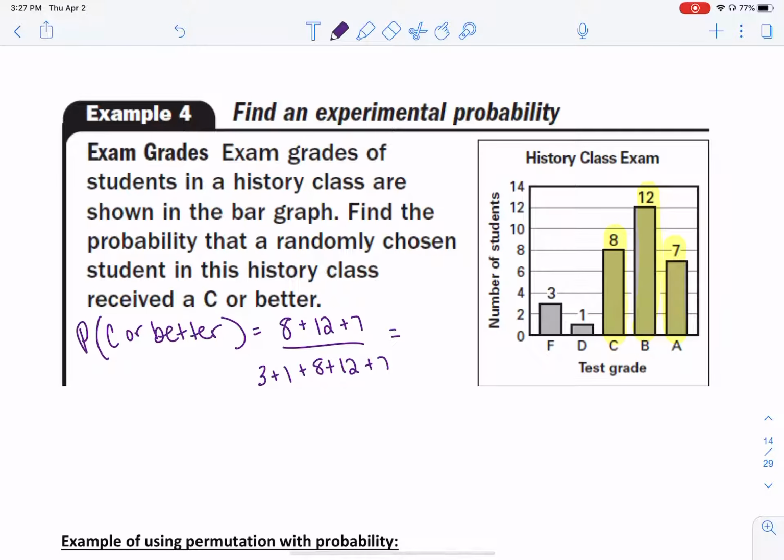So that gives me 27 out of 31 students, if they're randomly chosen, would have a C or better. And that is approximately 0.871, which is equal to 87.1%.